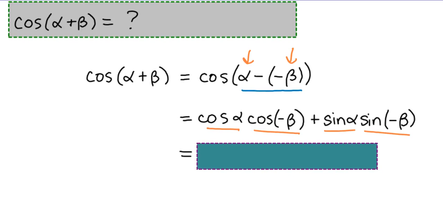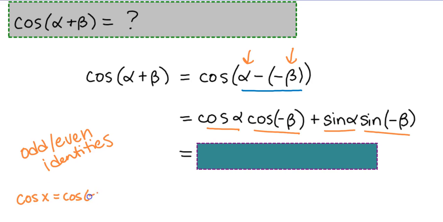Now there's another thing we know because we learned odd and even identities earlier in the chapter. We know that cosine is an even function, so the cosine of an angle equals the cosine of the opposite of the angle. So the cosine of the opposite of beta is equal to the cosine of beta.